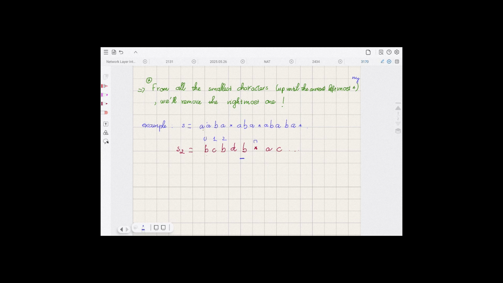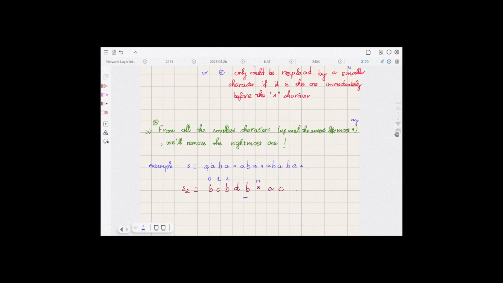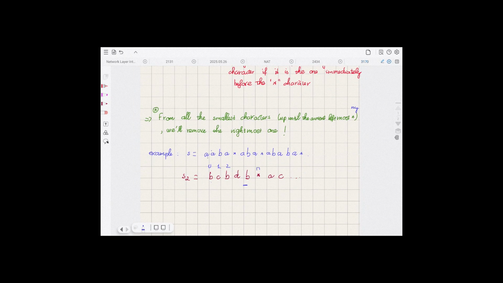So we wouldn't want that. If we choose the B at index 4, it could be replaced by A, right?